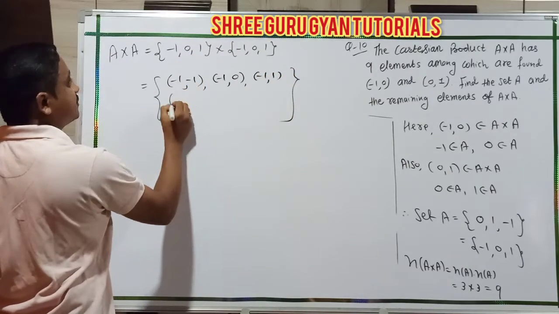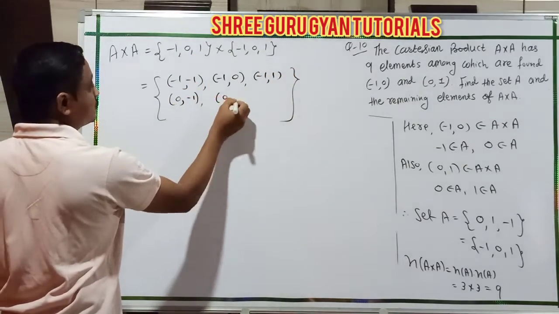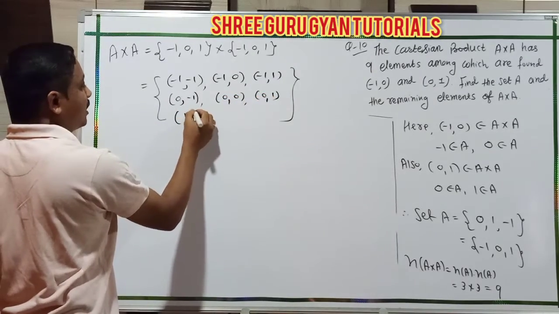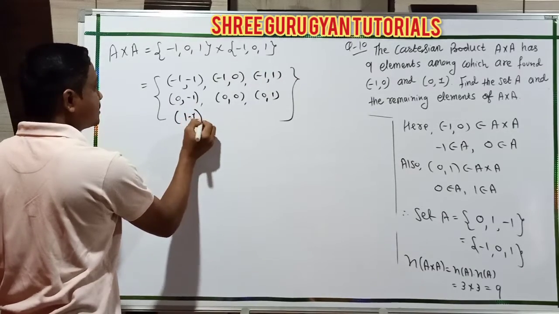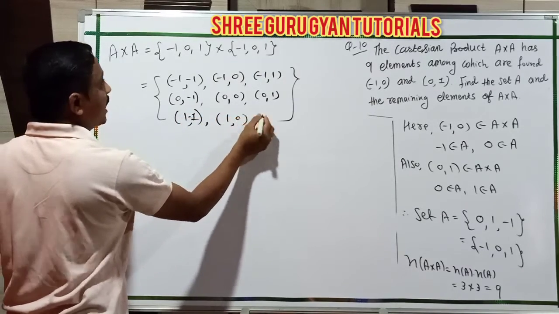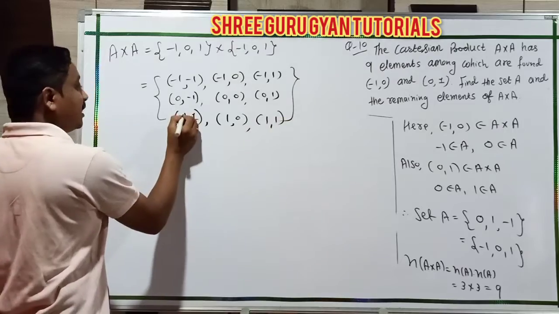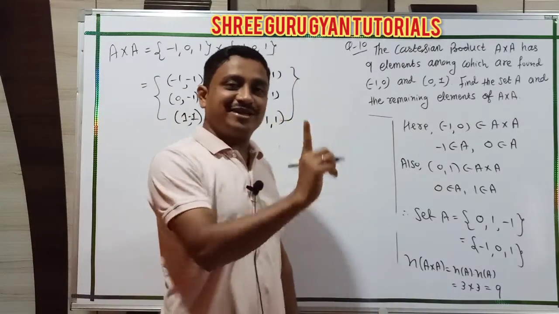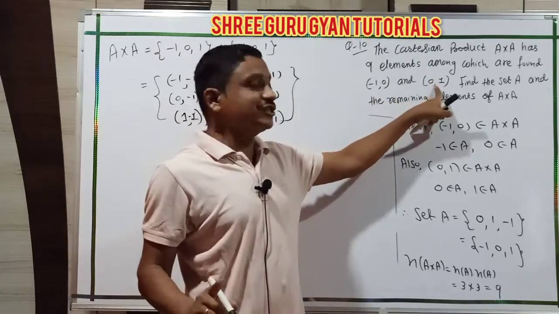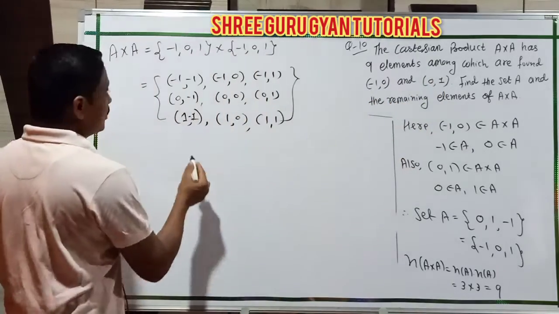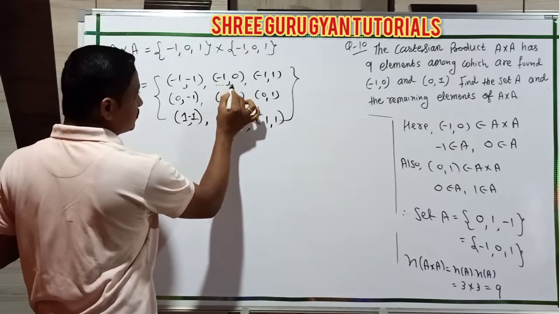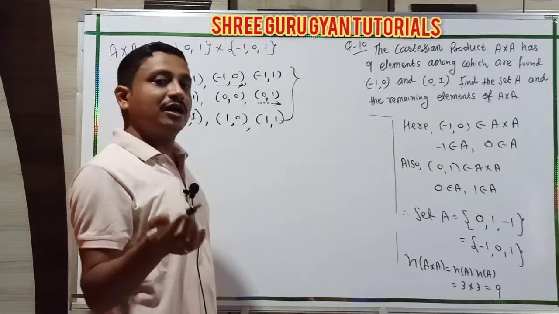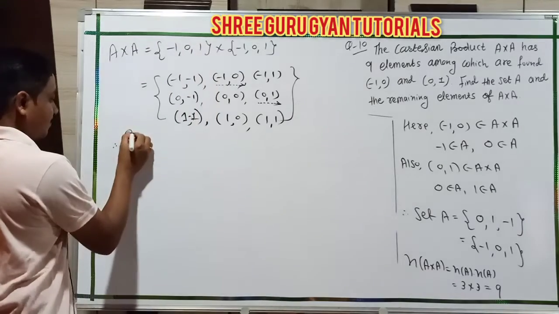Same as (0, -1), (0, 0), (0, 1) and last (1, -1), (1, 0) and (1, 1). These elements are our A cross A. Now students, my target: (-1, 0) is given and (0, 1) is also given. So the others are remaining.